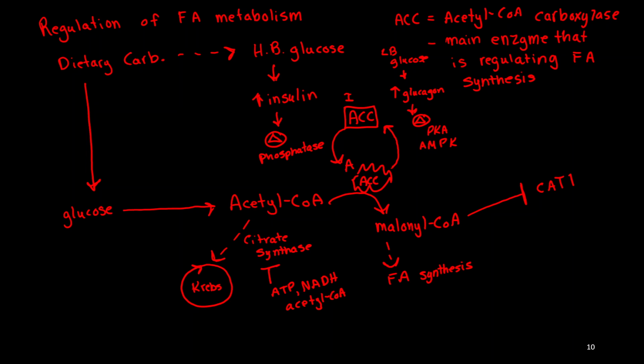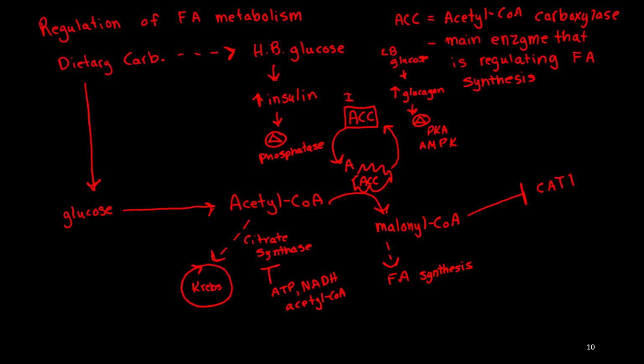So the CAT1 is doing this reaction. So now the fatty acyl-CoA, or fatty acyl carnitine, moves into the mitochondria, and now things are happening down here in the mitochondria that you can't see.